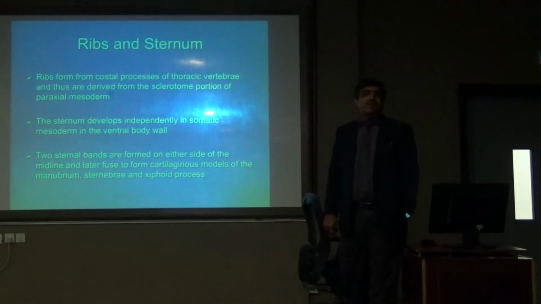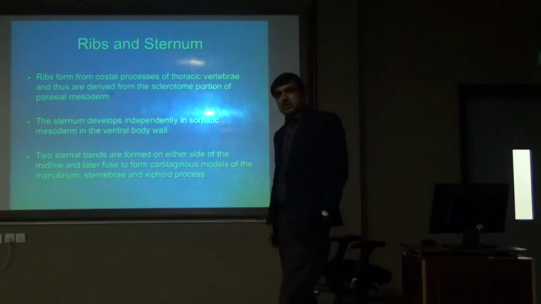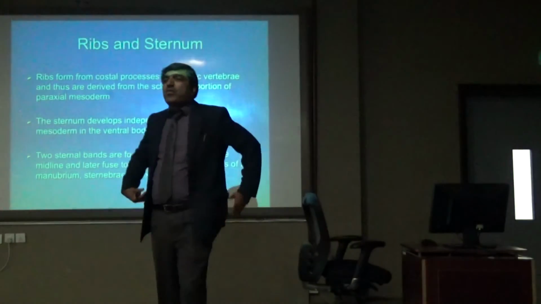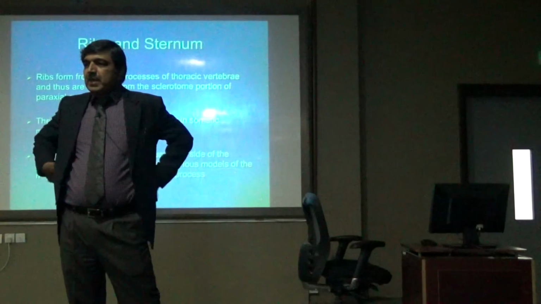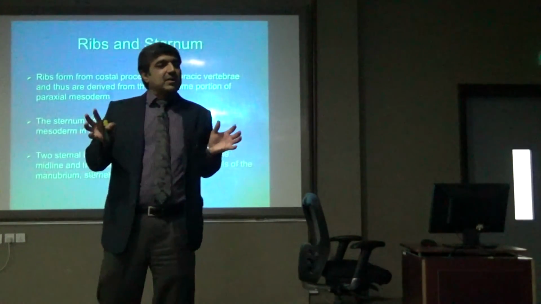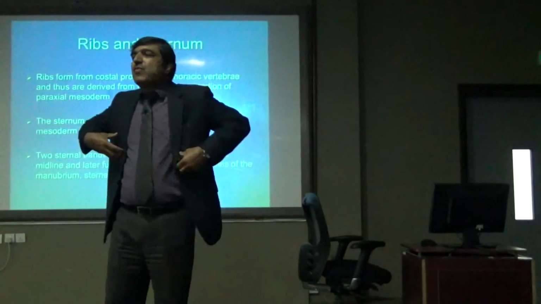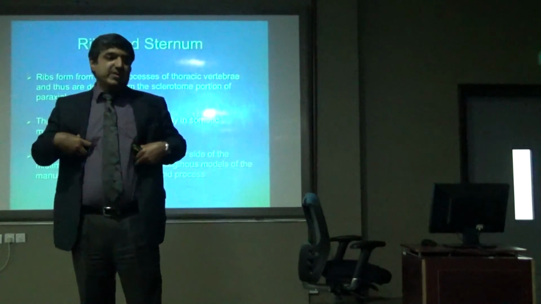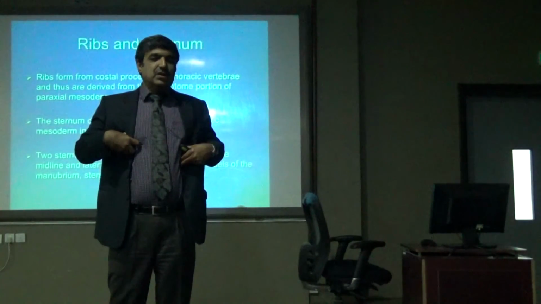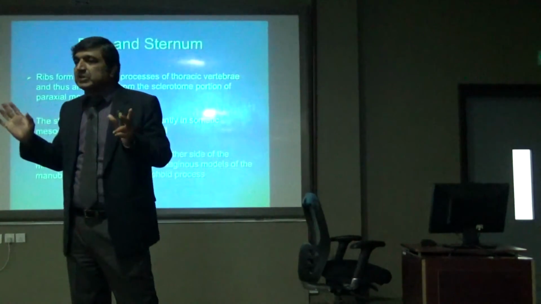Ribs and sternum, very simple. From these vertebral bodies, or somites simply we say, the branching pattern occurs and they form the ribs. If I explain simply, no other classification.